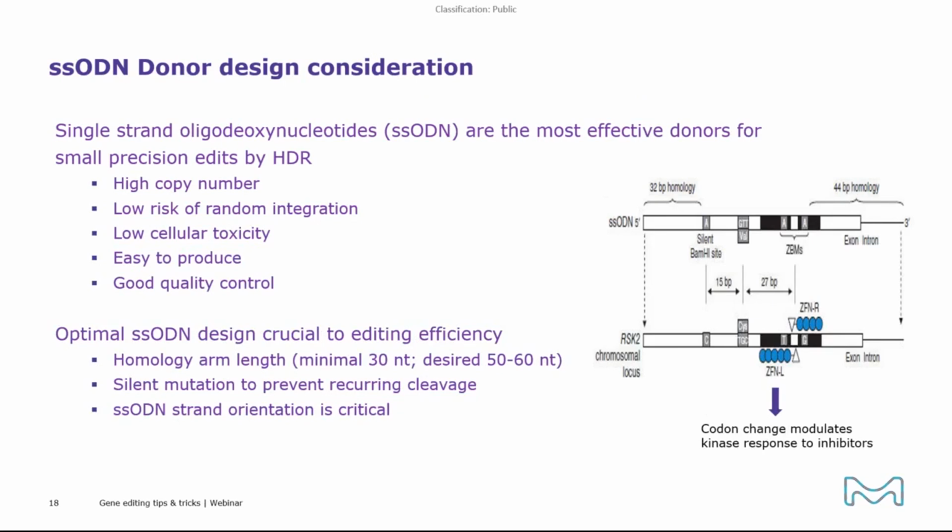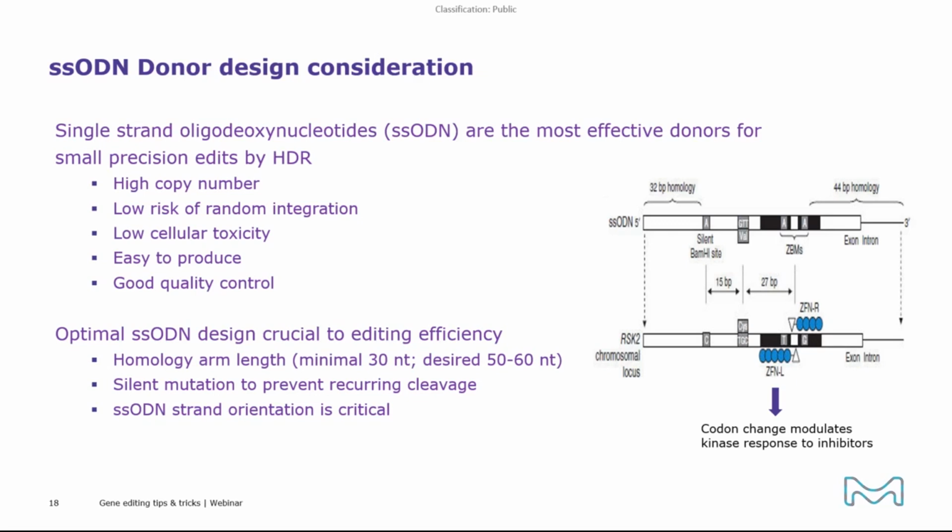Single-strand DNA oligos are the most effective donors for small precision modifications by HDR, and they have been widely used for over a decade. They can provide a high copy number, have no risk of random integration, no cellular toxicity, and are easy to manufacture.